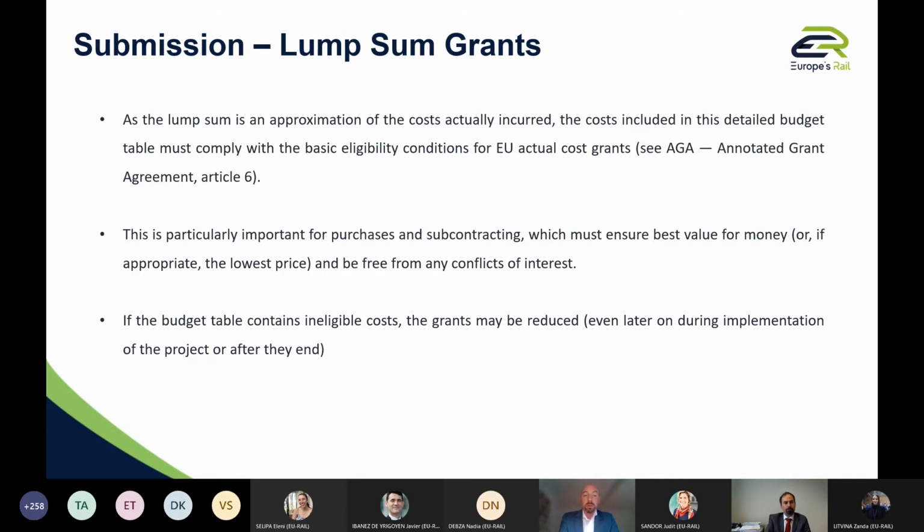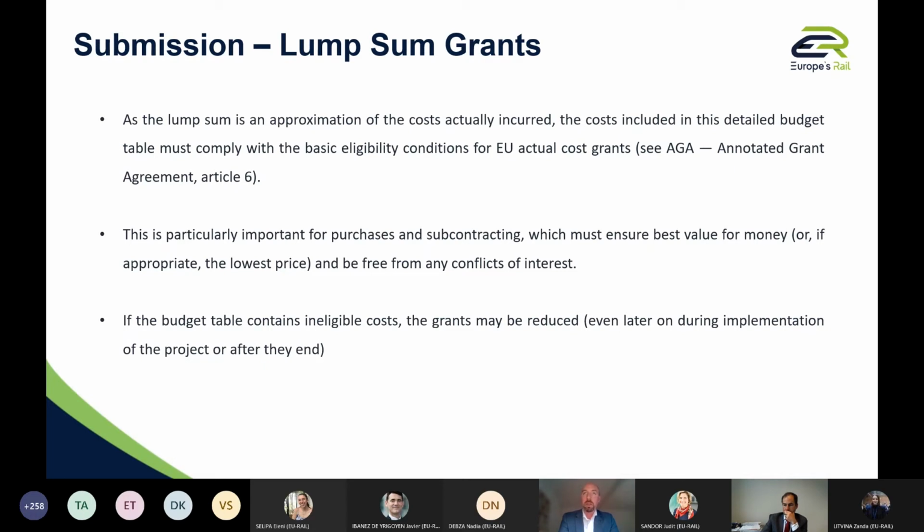So for the purchase and subcontracting, as I was mentioning, when you consider having recourse to a subcontractor, you must ensure the best value for money, if appropriate at the lowest price, the best conditions, and so on, and be free of any conflict of interest.